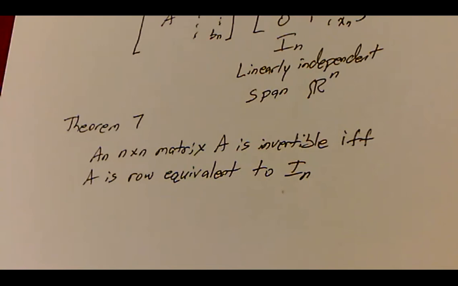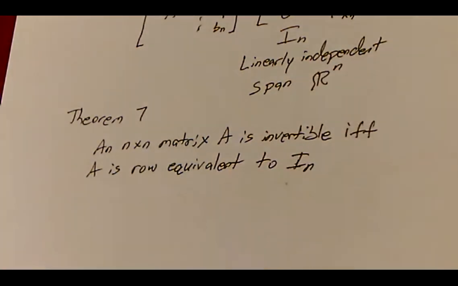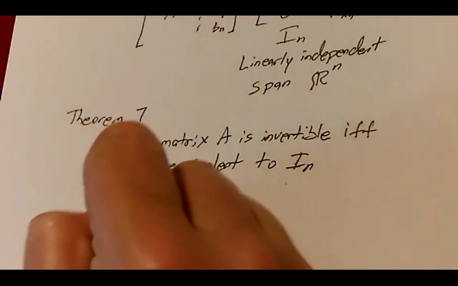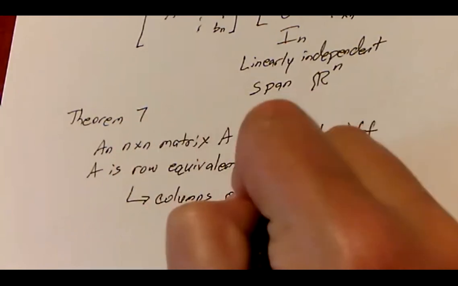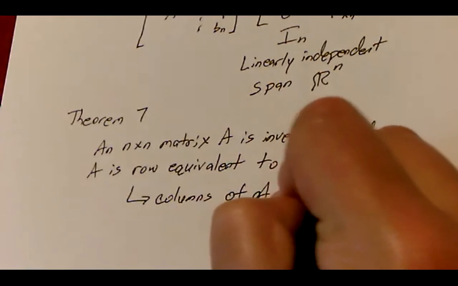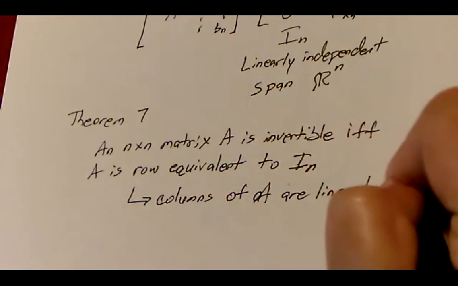So an n by n matrix A is invertible if and only if A is row equivalent to the identity matrix, okay? This is not part of theorem 7 now, but by default that also means that the columns of A are linearly independent.